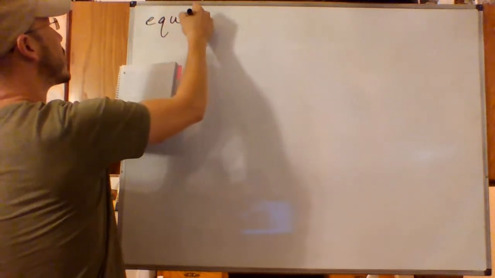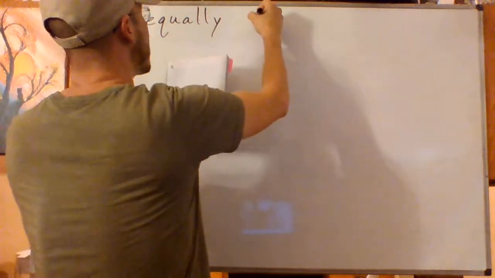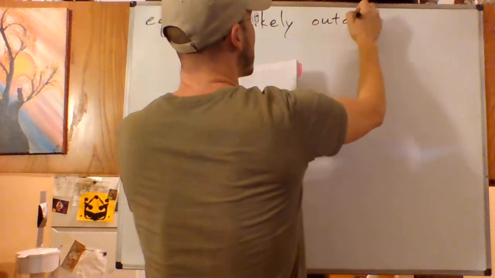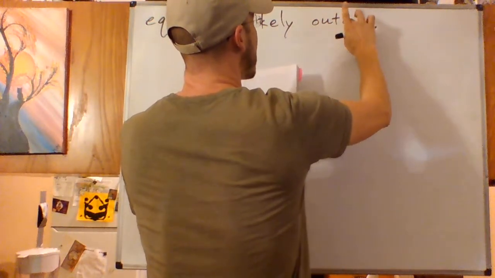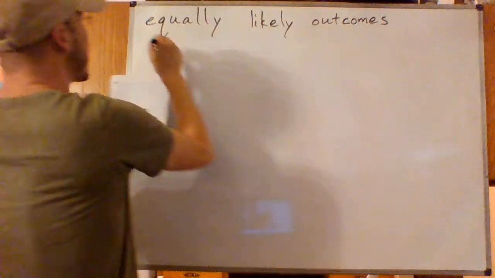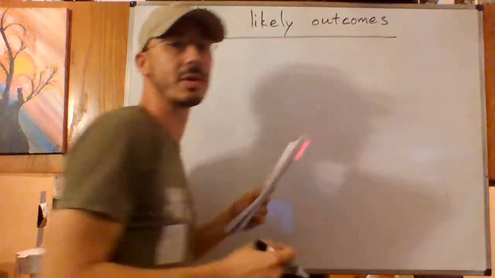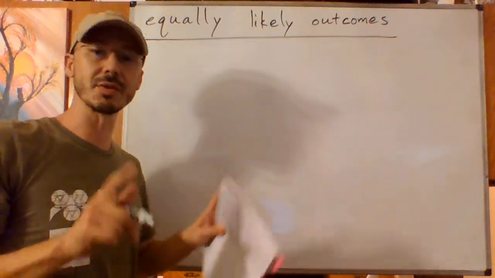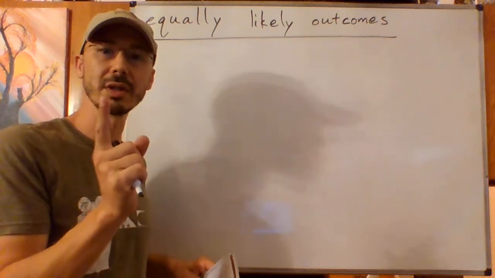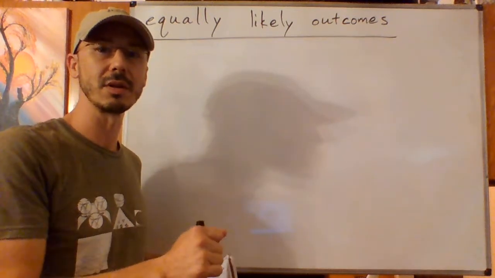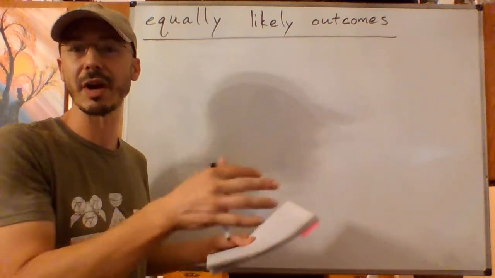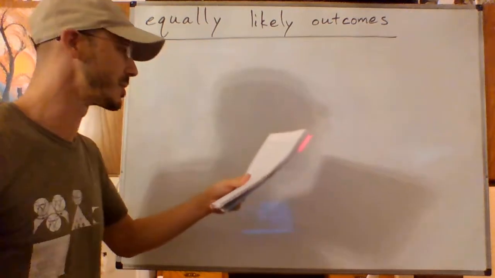We're going to work at first with equally likely outcomes. In fact, we already have the coin flip with heads and tails. Those are equally likely. The fair die roll, rolling one die once and recording the number. Those outcomes, 1, 2, 3, 4, 5, and 6, are all equally likely outcomes.